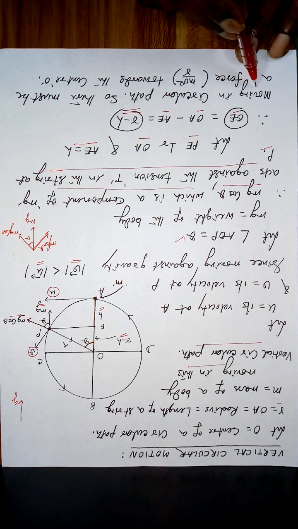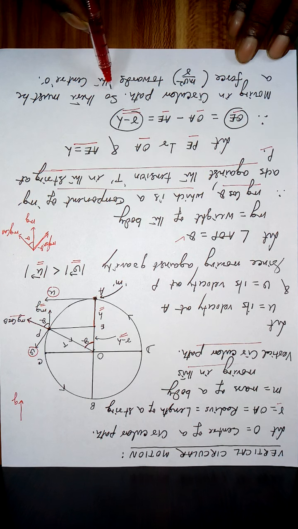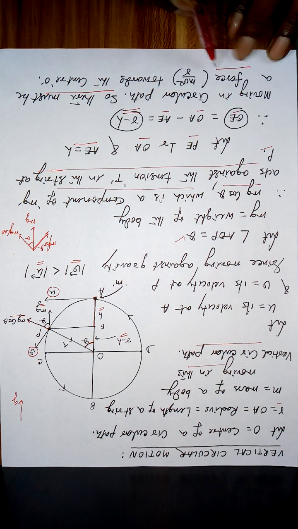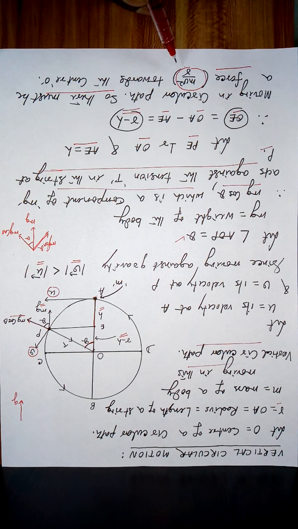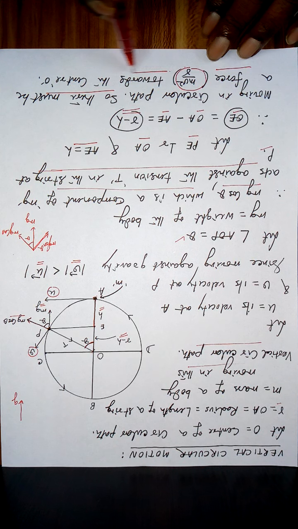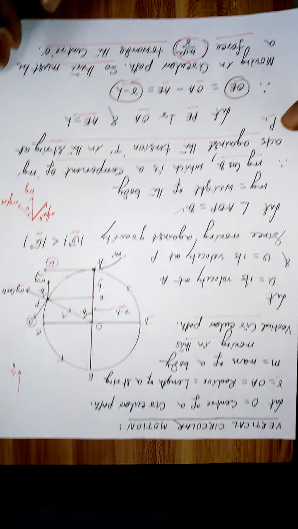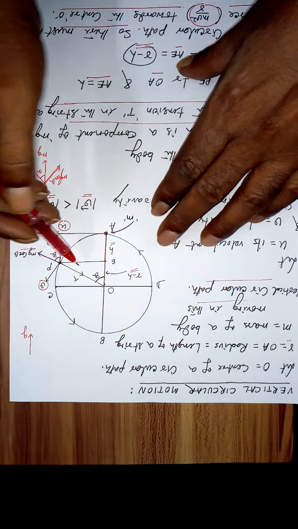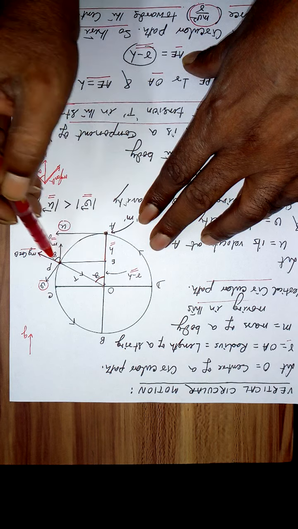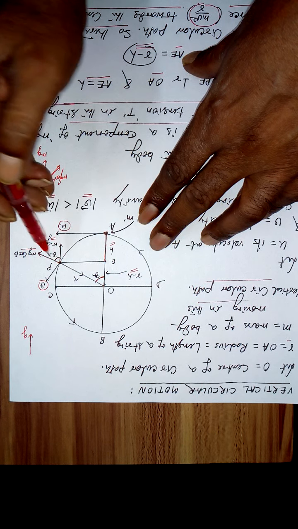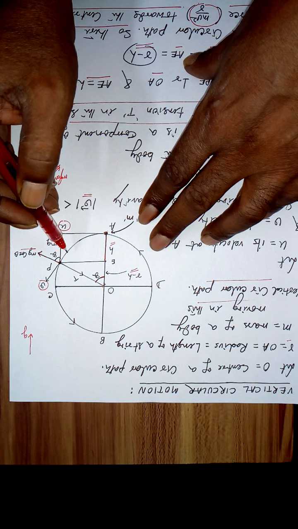Now, the body is moving in a circular path. Since the body is moving in a circular path, there must be a force, centripetal force, mv square by r, which we derived in the previous lessons, and it must be towards the center O. Now, if you look at this string from here to here, it has a tension.